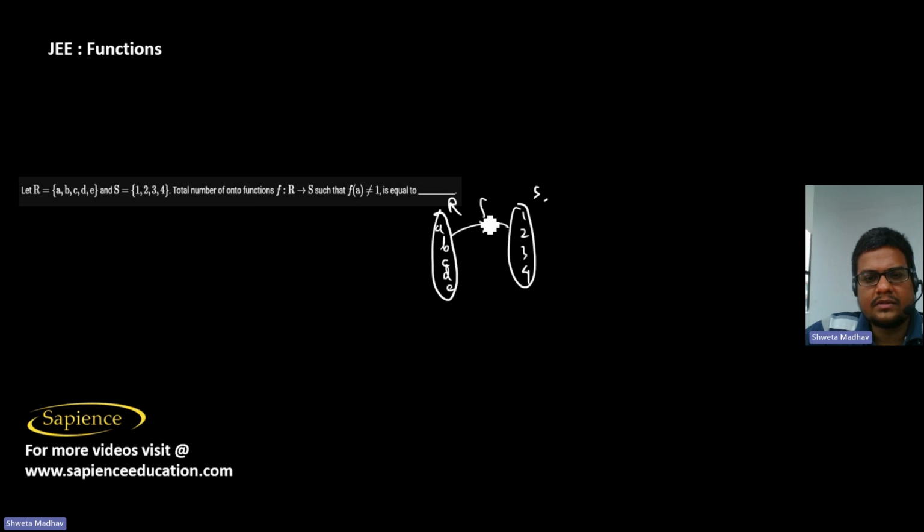So f is a function which maps from R to S such that f of A should not be equal to 1. And it should be an onto function. Onto function means that the range of f should be equal to S. Means it should be same as the co-domain.